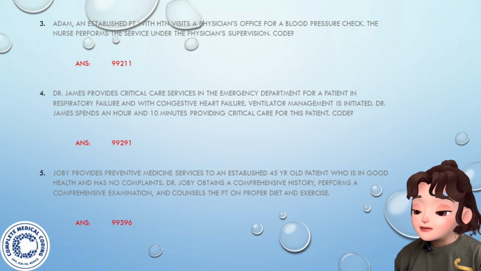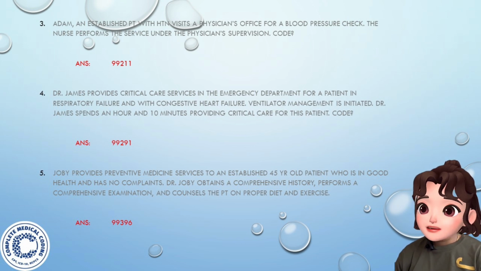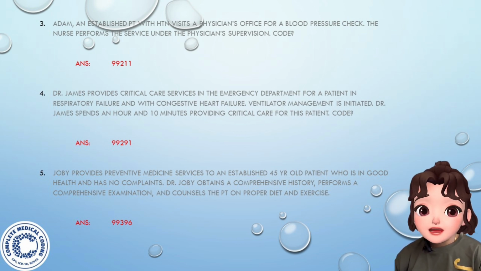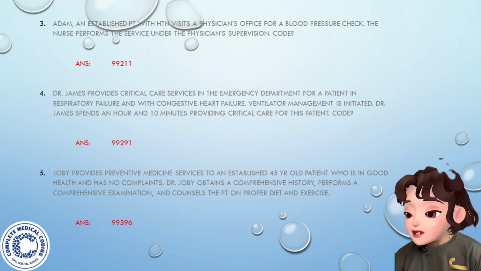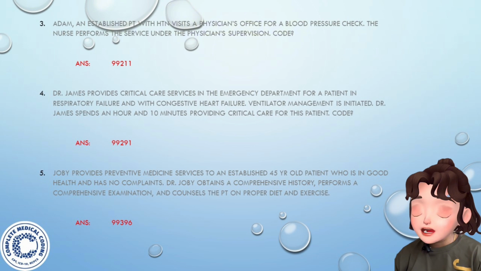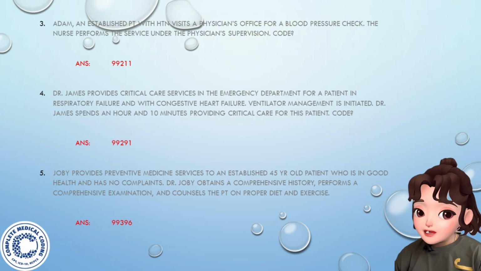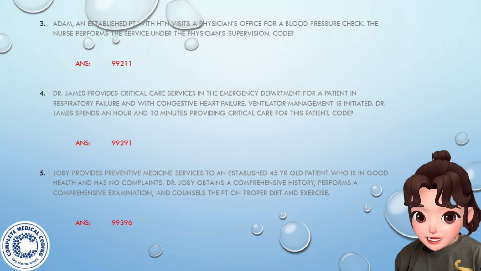So the 99391 code represents preventive medicine services for less than 1 year. But here the age is 45 years. So look below, check which code represents a 45-year-old. It is 99396, 40 to 64 years. So the answer will be 99396.